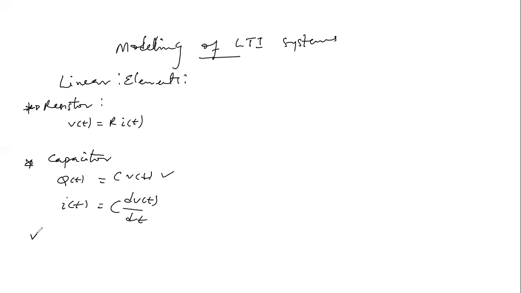The same for inductors. Now we have the flux linearly related to the current, such that the voltage is L di(t)/dt. So the flux generated by an inductor is related to its current by a linear relationship. But in practice, the inverse is true.